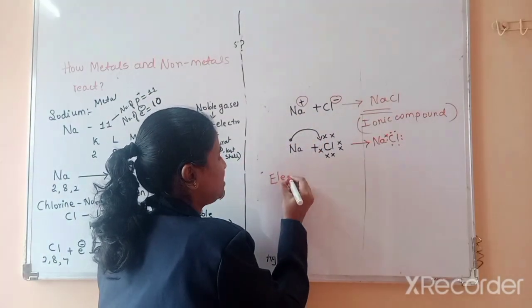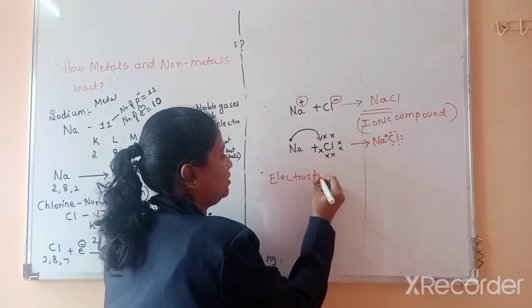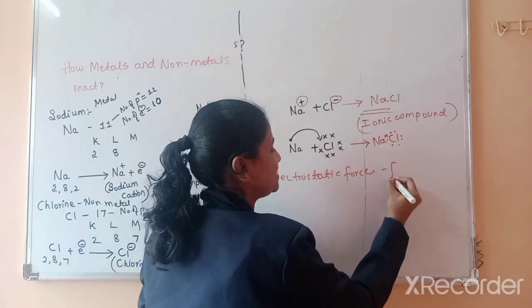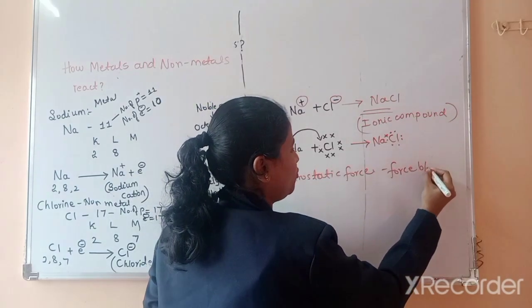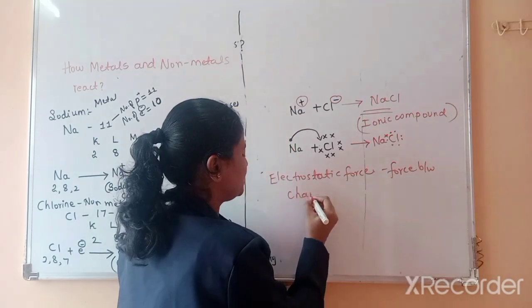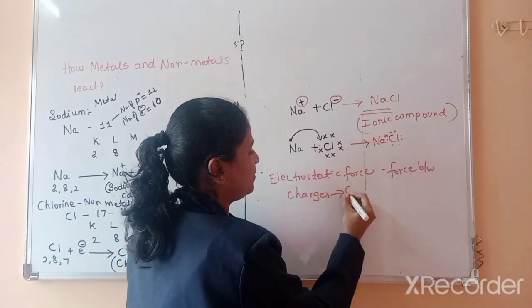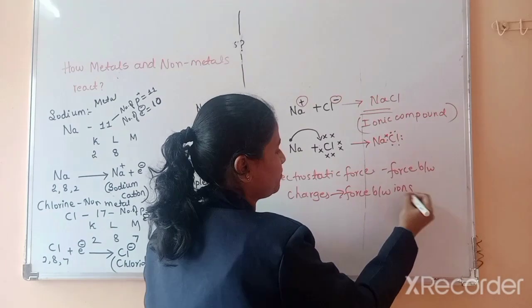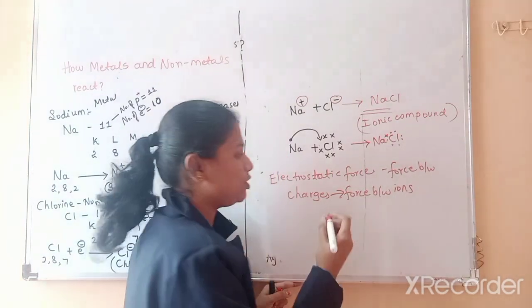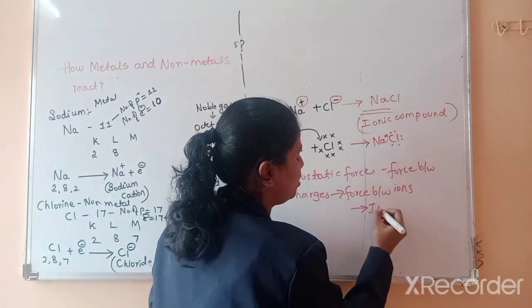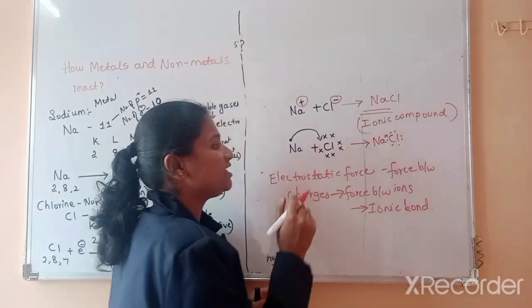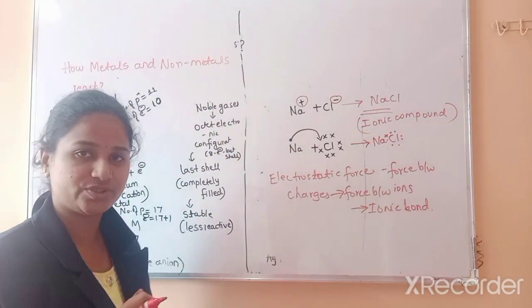So electrostatic force is nothing but the force between the charges. It is nothing but the force between ions. So that force is called an ionic bond. So an ionic bond is present in ionic compounds.